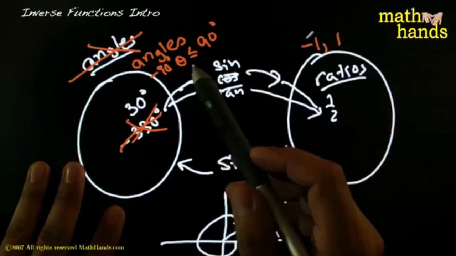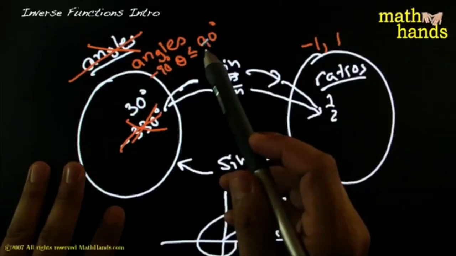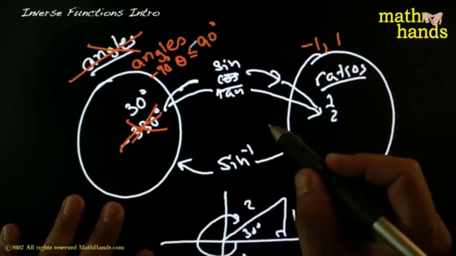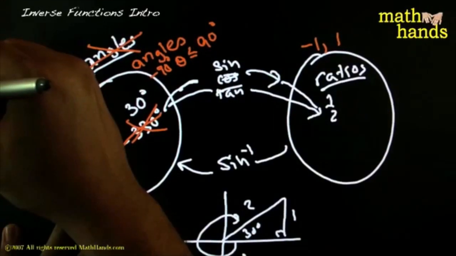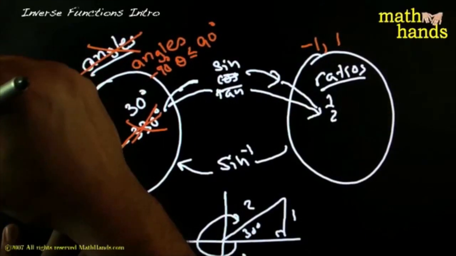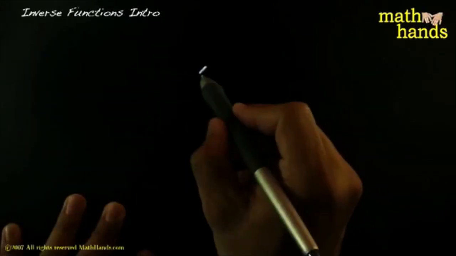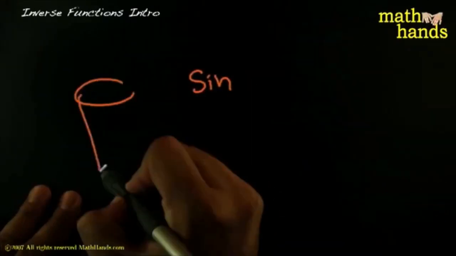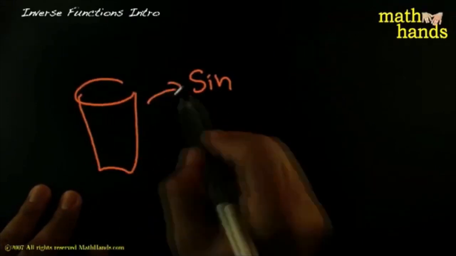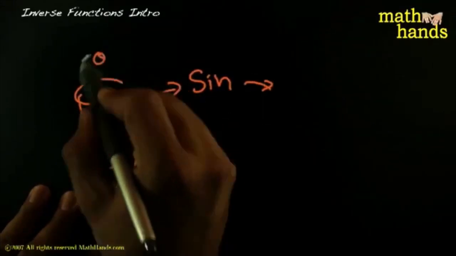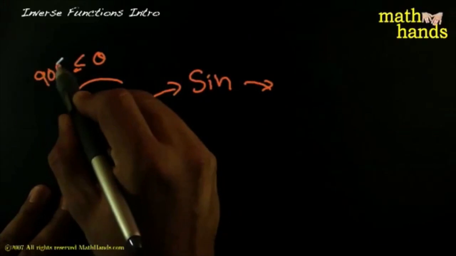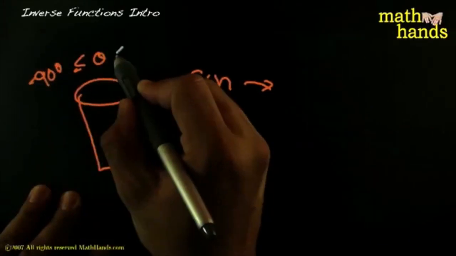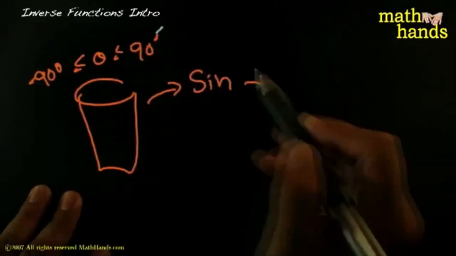We restrict the domain here, angles between negative 90 and 90, and then there's no problem. And so we summarize this way. For sine, think about its domain, its bucket of things that go into it. We will only consider angles that are between negative 90 degrees and positive 90 degrees.